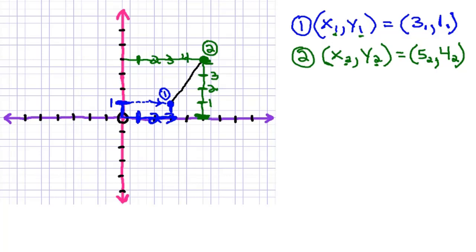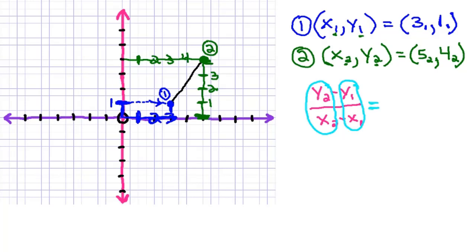So now we have our values of the first point and the second point, the end point of this line. So now what's the equation that you do to find the slope? It's y2 minus y1 over x2 minus x1. So we're doing the values of the second points minus the values of the first points.